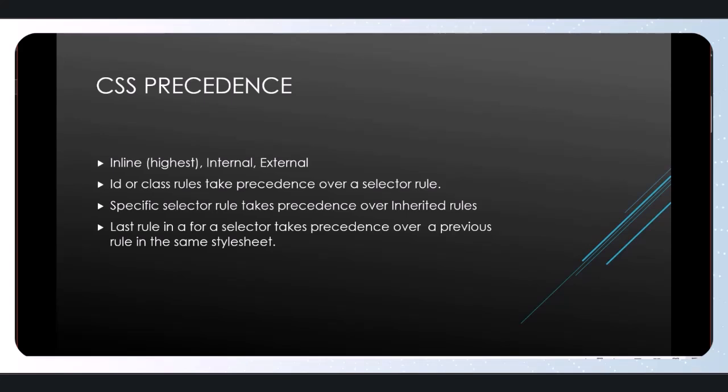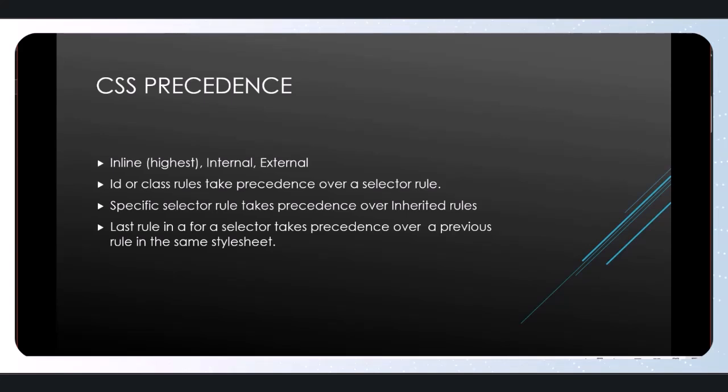So if you then made a rule for the P for the paragraph, then that would take precedence over the main section's rules. And then if you had different rules within, say, the external file, if you had the rule for an element that was listed a couple times, the last one would take precedence.